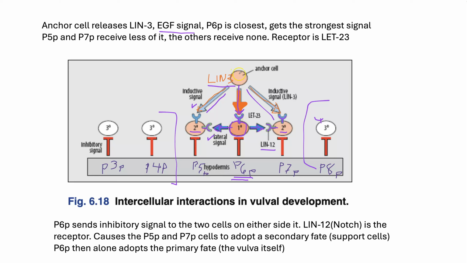So we've got a strong Lin3 for the primary, and then the primary cell sends out an inhibitory signal to the cells to either side of it, and these cells have a little bit of the Lin3 plus the inhibitory signal, and that gives them their secondary cell fate, and so they form those supportive structures.